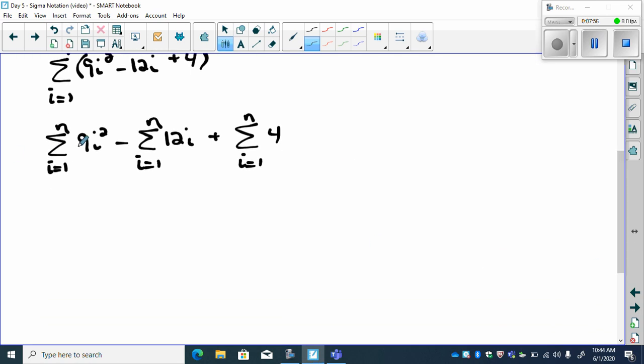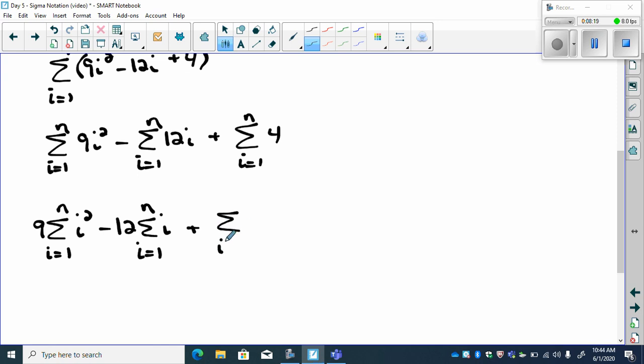Now I'm going to pop the constant 9 out in front and the constant 12 out in front here, and I end up with the following. Now remember, this 4 is not going to go in front because it's just a constant. I'll show you what we'll do with this in a moment.